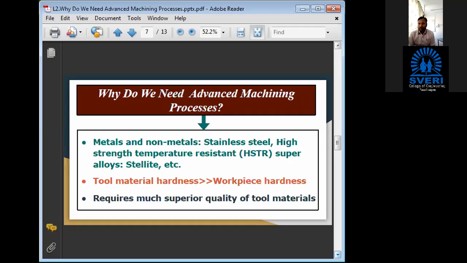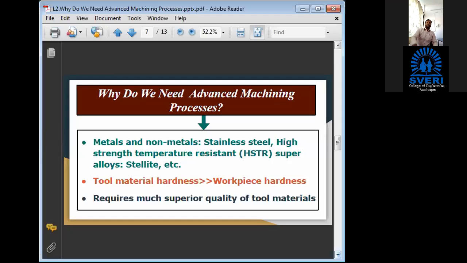That question arises, so further, when the tool metal hardness is very close to your workpiece metal hardness, then you require a much superior quality of cutting tool. Correct? If the hardness of your workpiece and tool is very close to each other, you require much superior quality of cutting tool, and that is not always feasible.